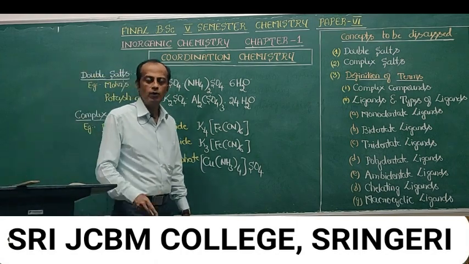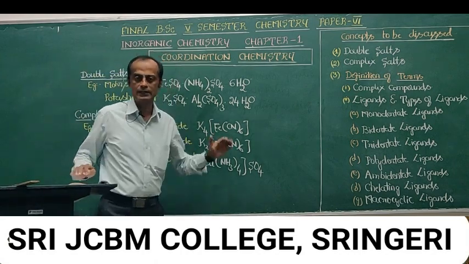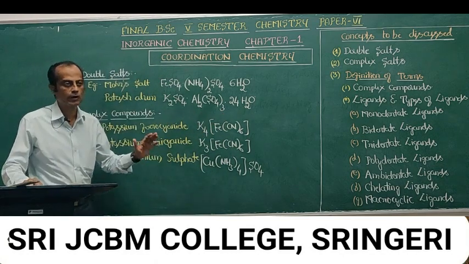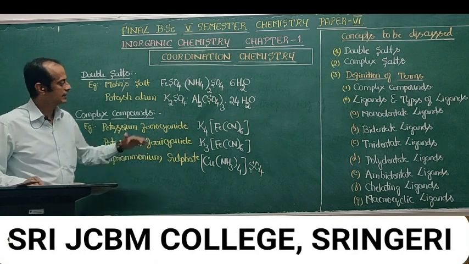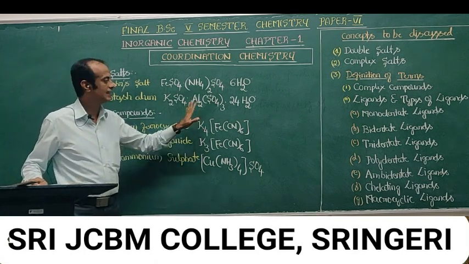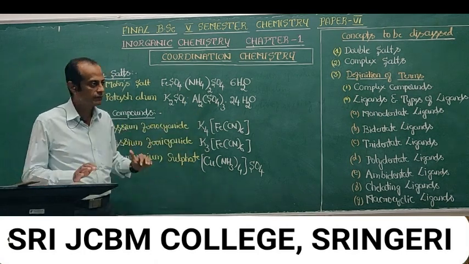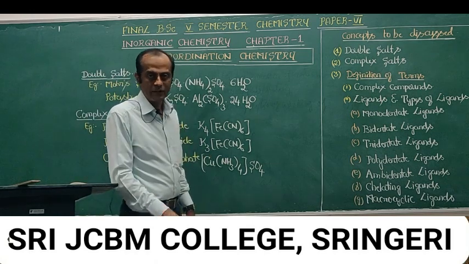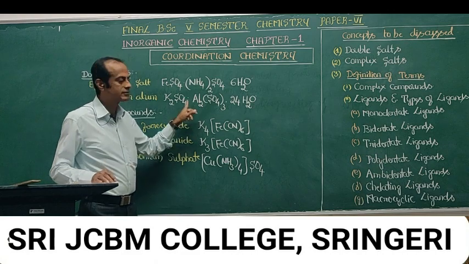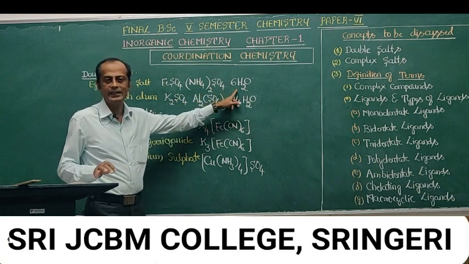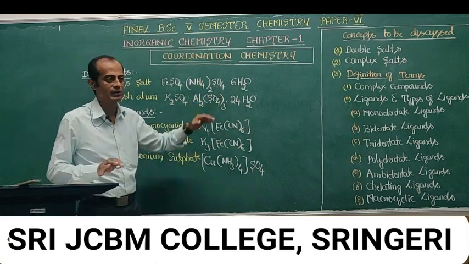Next question is, what is the basic difference between a double salt and a coordination compound or a complex salt? Both are molecular addition compounds, but they have many differences. In a double salt, the simple salts retain their original identity even after the formation of the double salt.